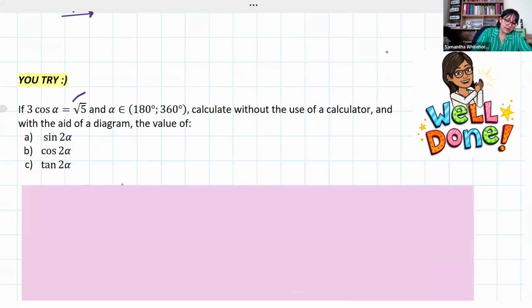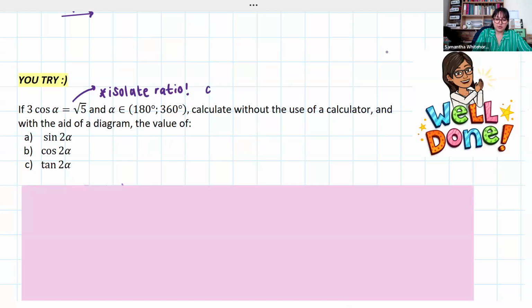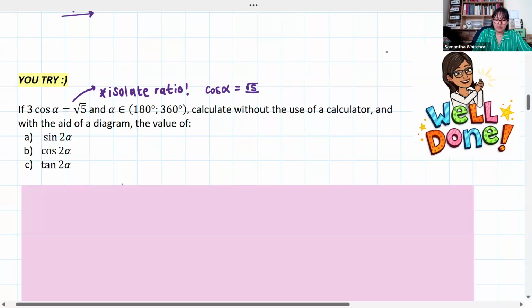Now guys, just quickly, you should remember this from grade 10 and grade 11, but you must isolate your ratio. When I say isolate your ratio, before you can start drawing your diagram, you want to get that cos alpha by itself. So you would have divided both sides by 3, and so you would have cos alpha is equal to √5/3.